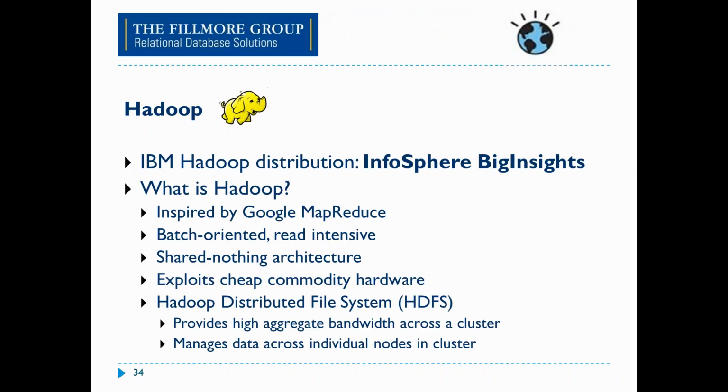Google needed to be able to place ads during searches on a near real-time basis within seconds and needed to be able to crunch a lot of data very quickly and define the MapReduce technology. It is very batch-oriented and read-intensive. It is a shared nothing technology. It exploits the Hadoop distributed file system, which provides high aggregate bandwidth across a cluster and manages data across individual nodes in the cluster.